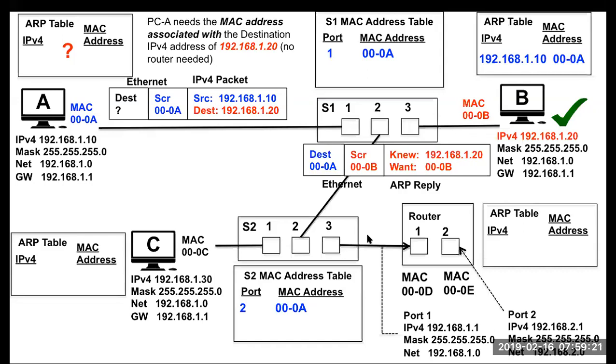Why don't devices copy in the initial ARP request information? Why didn't C and the router copy in that information? It's really not necessary because most devices aren't talking to all other devices on the same network. You're usually talking to things like maybe the printer, the router, you might have a server on your network, but in most cases, you're sending everything just to the default gateway.